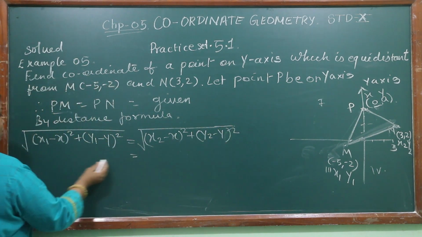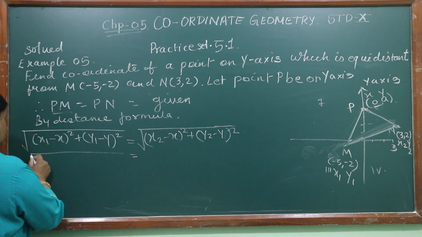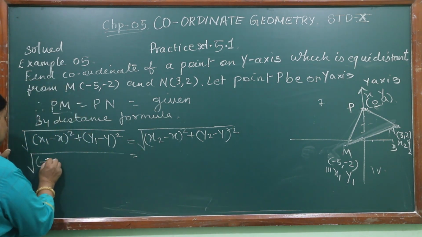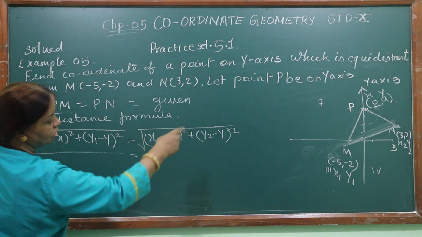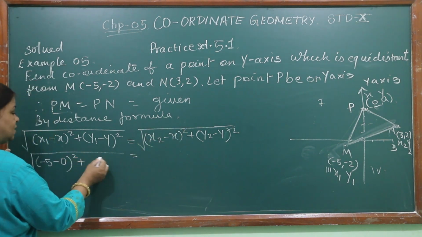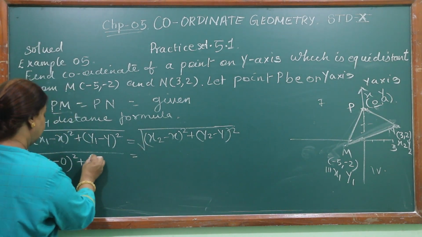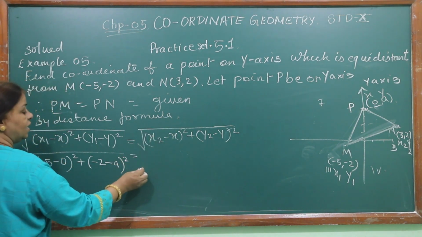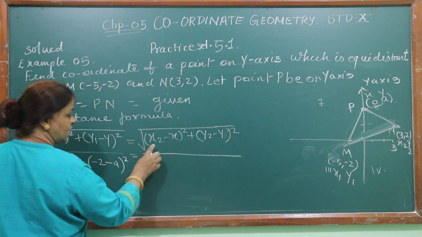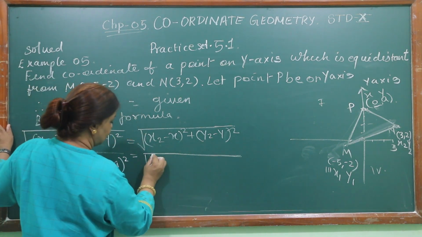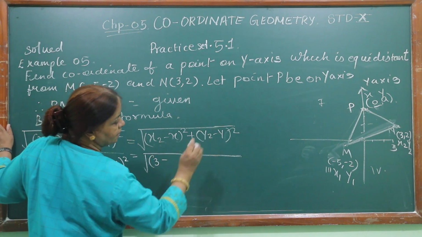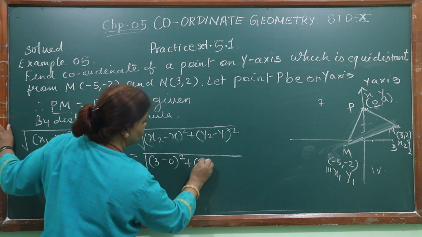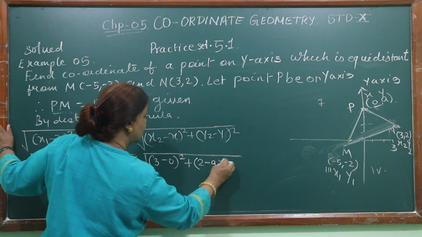Now we will place the values, children. Under the root, x1 is minus 5, minus x is 0, the whole square, plus y1 is minus 2, minus y is a, the whole square, is equal to under the root x2, which is 3, minus 0 the whole square, plus y2, which is 2, minus a, the whole square.